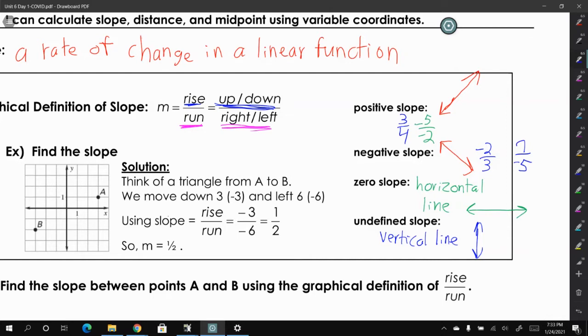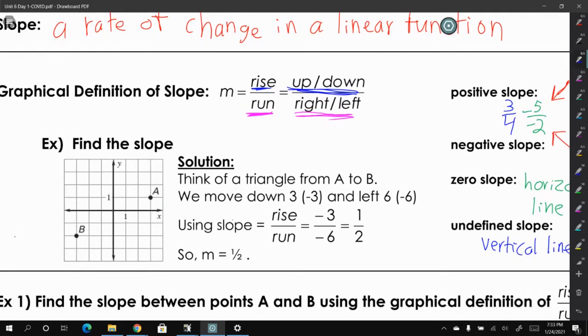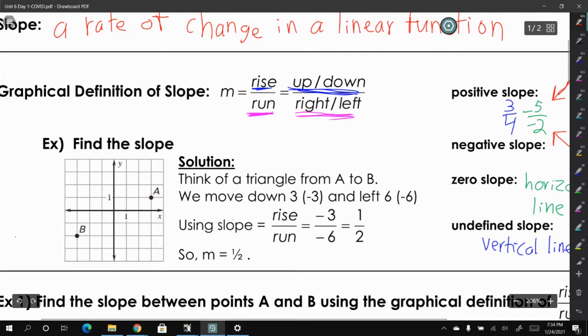So when you are looking at a graph and trying to calculate the slope, it's important to understand which point you're going from. So here, it says think of a triangle from A to B. Okay.